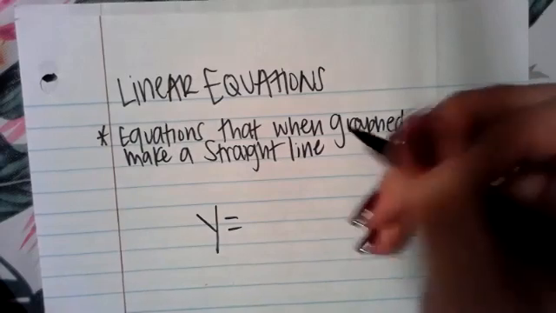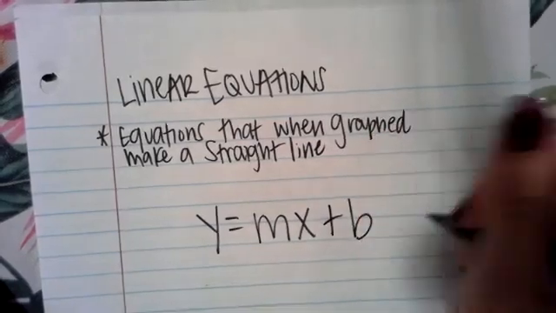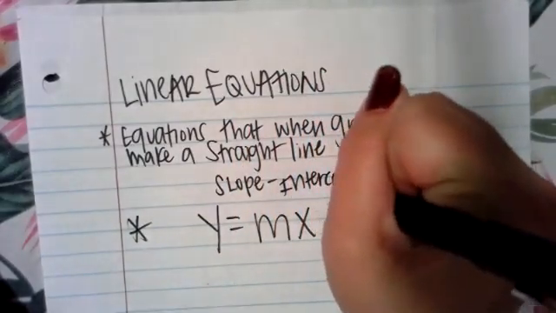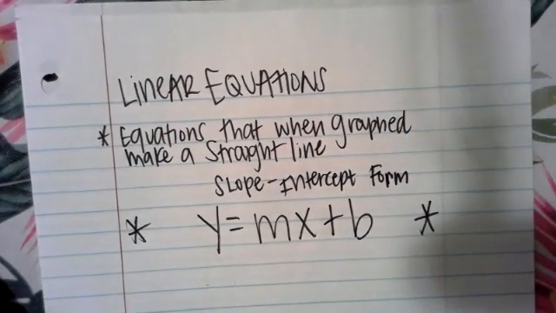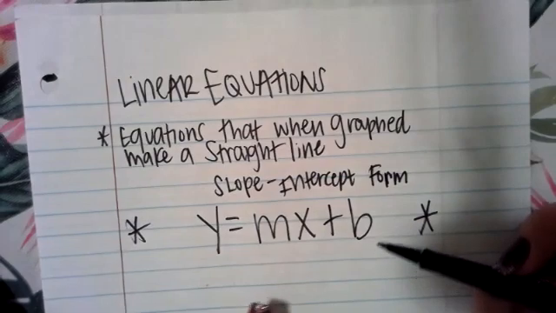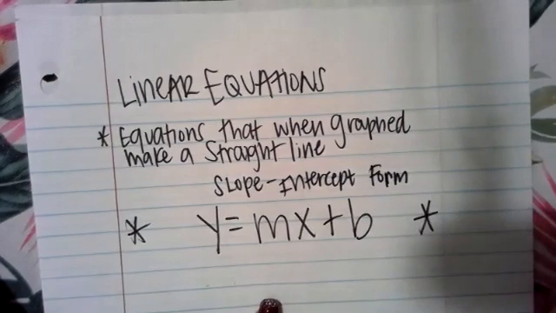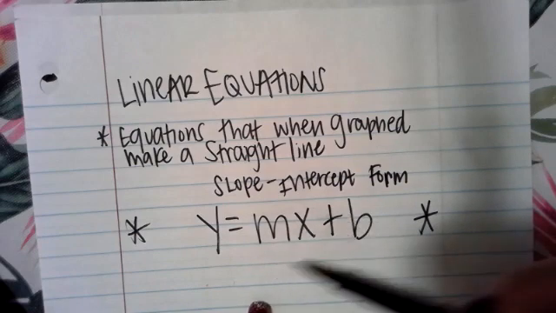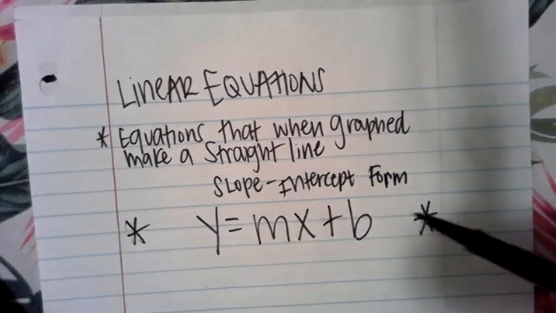I'm going to explain what they all mean, but if it looks like this, y equals mx plus b, this is what we call the slope-intercept form, because from this particular format, we can identify what the slope and what the intercept is of the equation or of the line. So sometimes we can figure out what the slope of the graph is going to be just by looking at this particular equation.